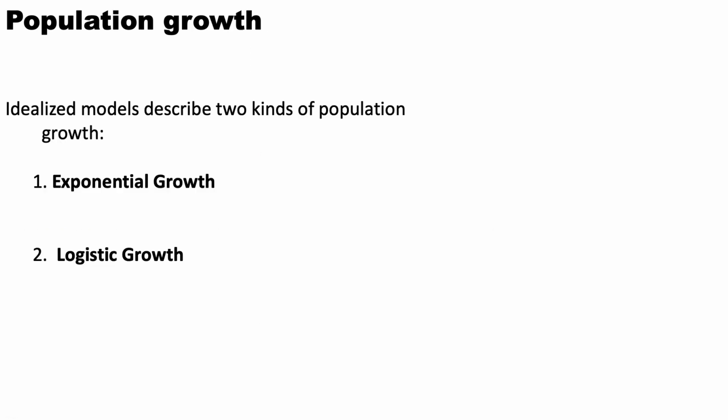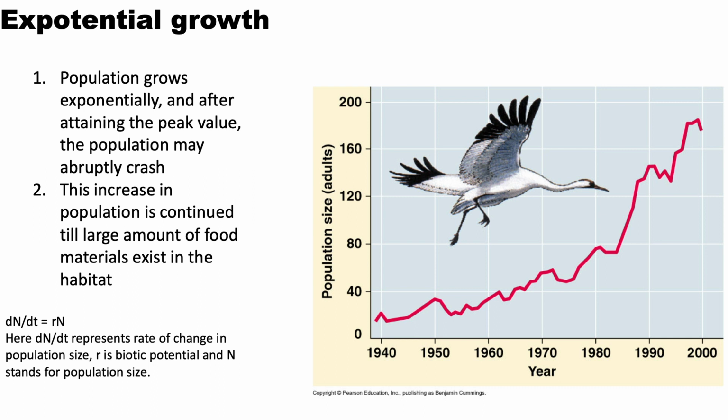Okay. Now we'll look at population growth rates. So there are two ideal models that are often used to describe two kinds of population growth. One is called exponential growth, and the second one is called logistic growth. So first we'll look at the exponential growth.